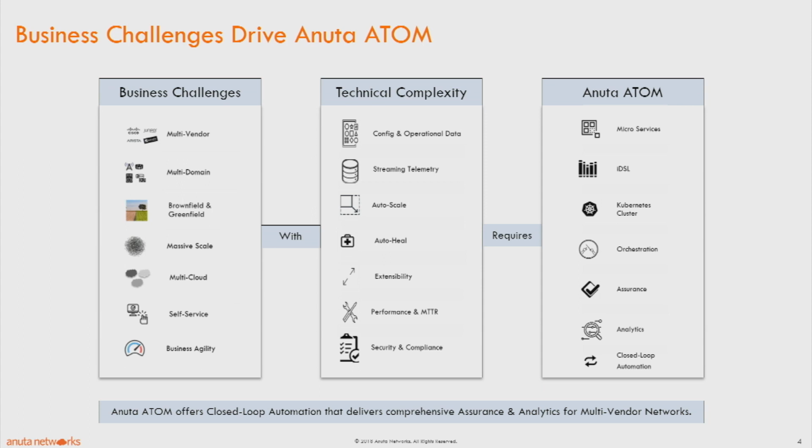Anuta Atom takes care of this complexity and these business challenges with a microservices architecture to scale up and support these large-scale networks. This is deployed through a Kubernetes cluster, so that these microservices can be managed and deployed easily and completely automated. We want to bring down the complexity of deploying Atom itself, because this is such advanced functionality.